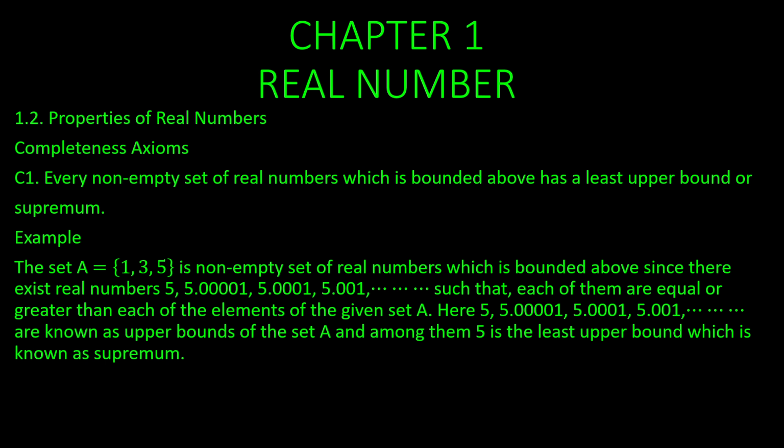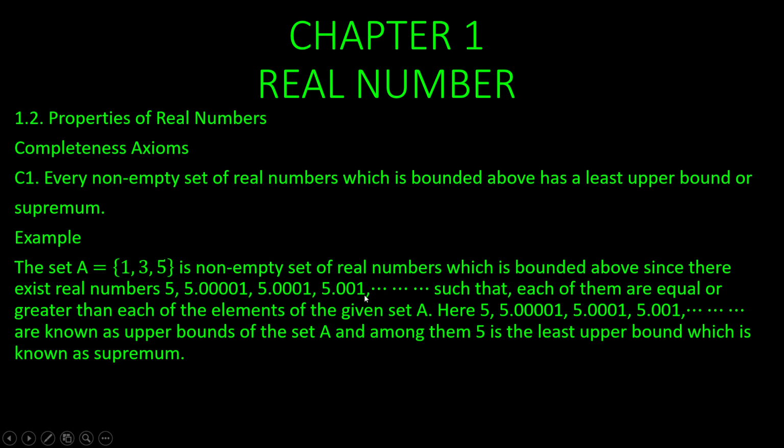But is it bounded above or bounded below? How do we understand? If there exists a real number, again I repeat, if there exists a real number which is greater than or equal to each of the elements of the set, then we say that the set is bounded above, and the real numbers which are equal or greater than each of the elements of the set A will be known as the upper bounds.